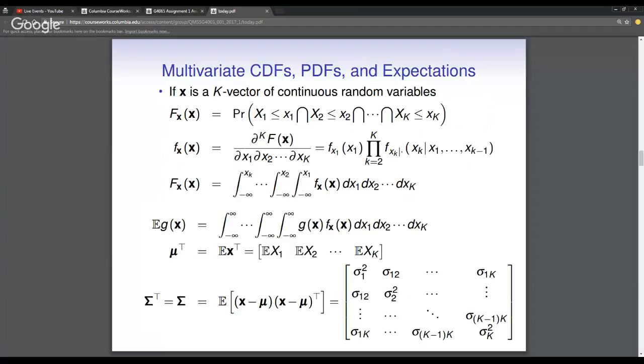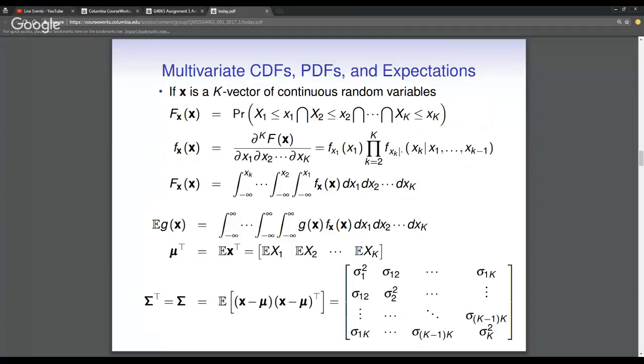So what this expression here means is we take big F and differentiate it with respect to the first x variable. That's going to be a new function involving all the x's. We differentiate the new function with respect to the second x variable. We're going to get another function.